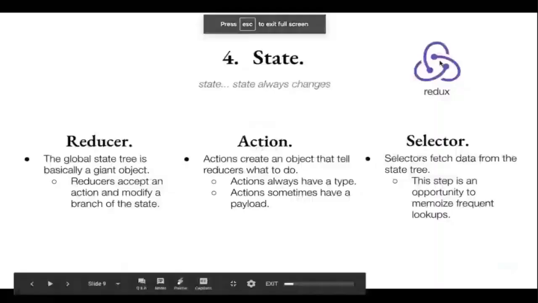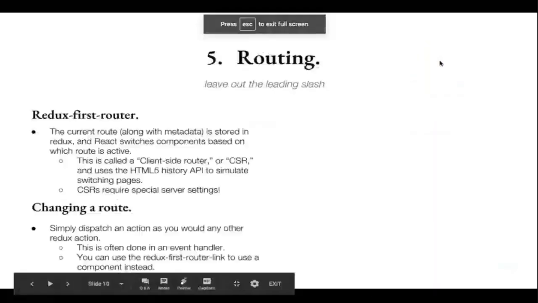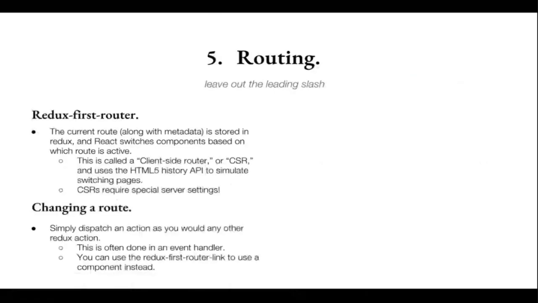Okay, this is the hand-waving part. Routing. If you don't know what routing is, for a website, example.com, it's everything after that slash. Example.com/about/person. Everything after that slash is your route.